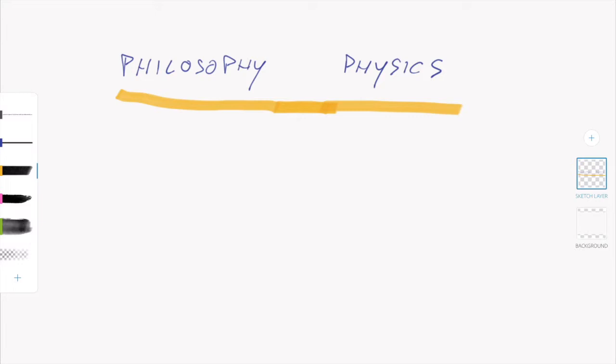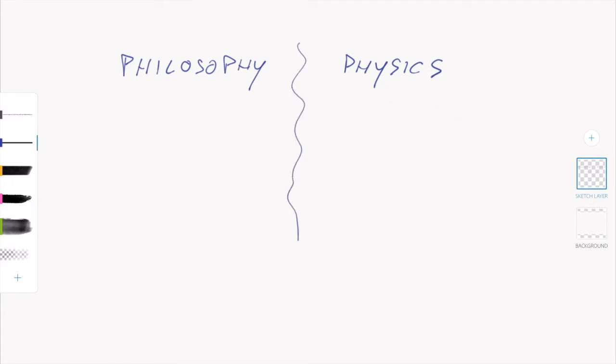The first philosophers were also the first physicists and vice versa. But then suddenly something did change in the past centuries, and the two disciplines took very different roads. And today we perfectly know that philosophy is one thing and physics is another thing.